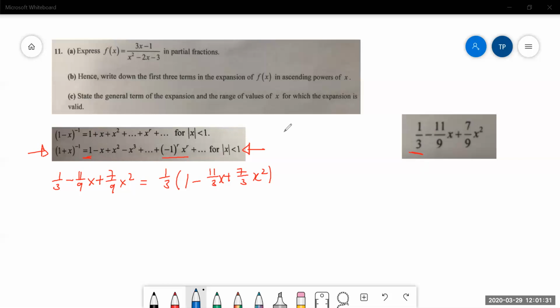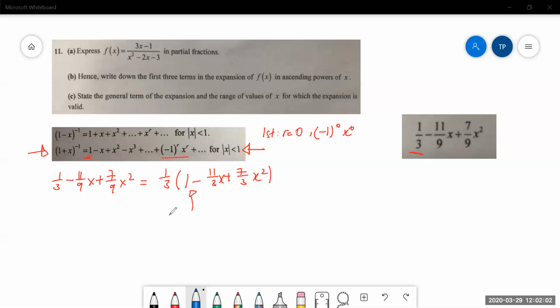For the first term, r equals 0, so we are going to have minus 1 to the power of 0 and x to the power of 0. It's basically just 1. That's why you have this one over here.